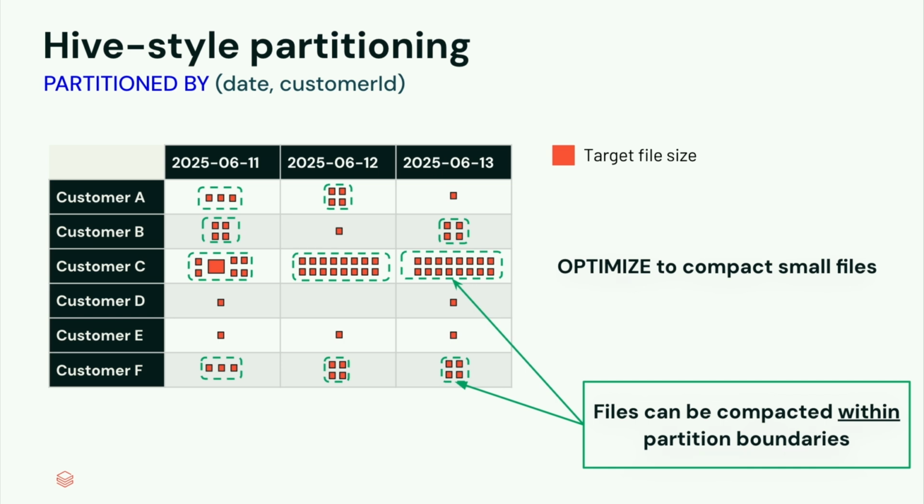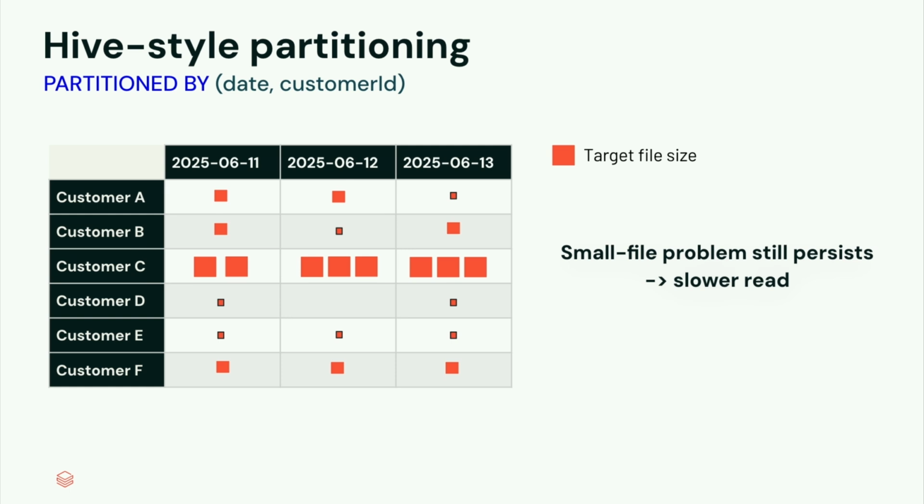So what that means here is only the whale customers end up with good file sizes, whereas the minnow customers like customer D, E, and F had only one file to begin with, so compaction really can't do any better. So this problem still persists, so you end up with slower reads.